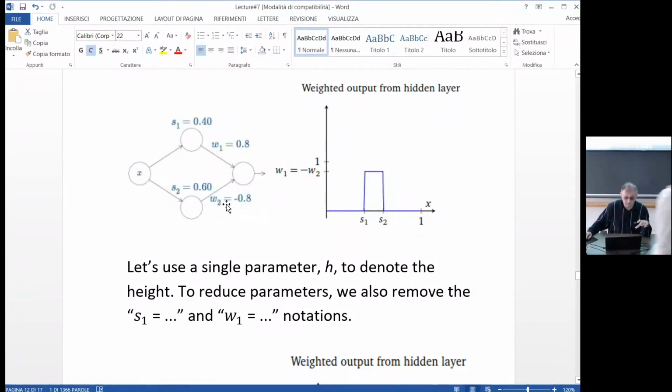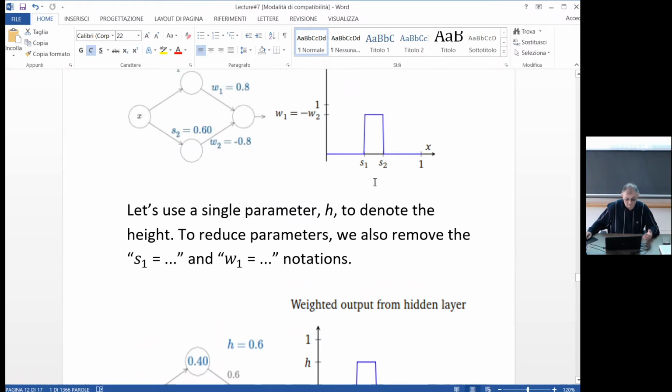So by manipulation of two weights, you see W1 and W2, which are symmetric, yes, 0.8 and minus 0.8, we have constructed the rectangle, the bump function.